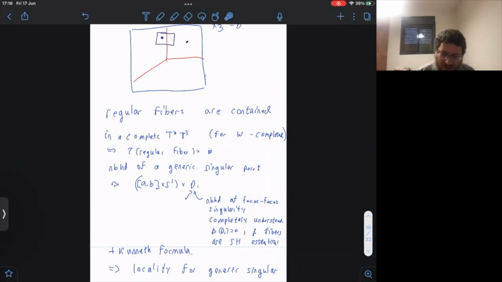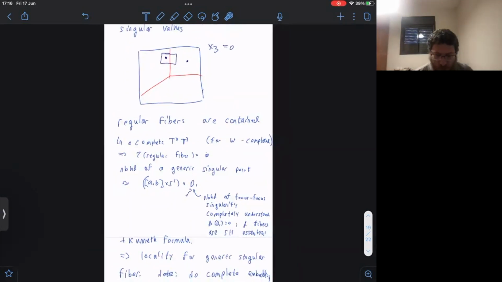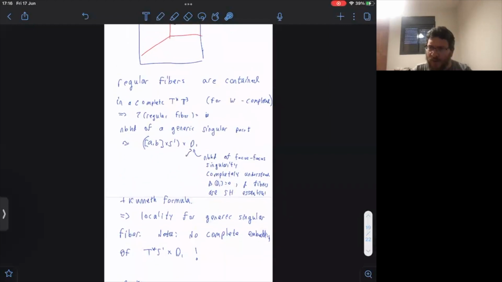So what is the takeaway? If you look at this family, you don't have a complete embedding of T star of the cylinder times D1. You only have an incomplete embedding, but still you can deduce locality by the combination of these results. Okay, I think I've gone over time, so this is a good point to stop.